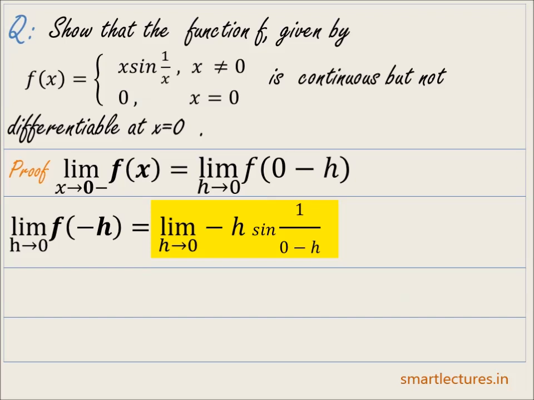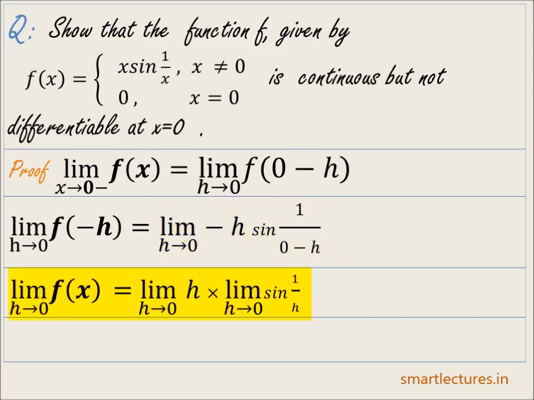And you know it very well that the limit of product of two functions is equal to the product of their individual limits. So now this limit becomes limit h approaches 0 h into limit h approaches 0 sine of 1 upon h. And now when h approaches 0, then its limit is equal to 0. So now this limit can be also written as 0 into sine of 1 upon h.